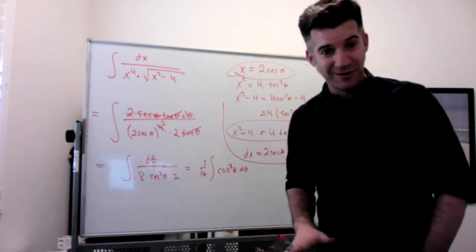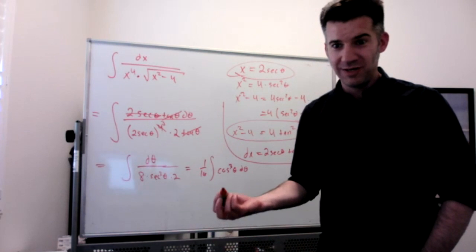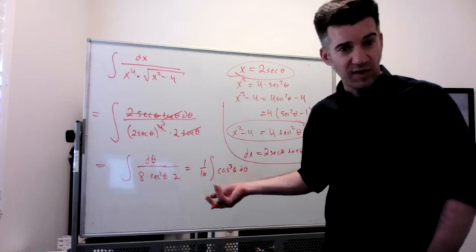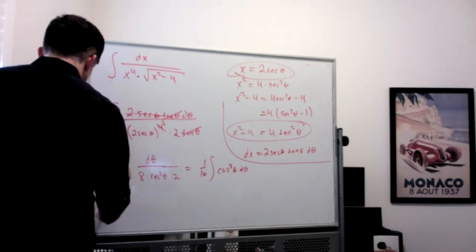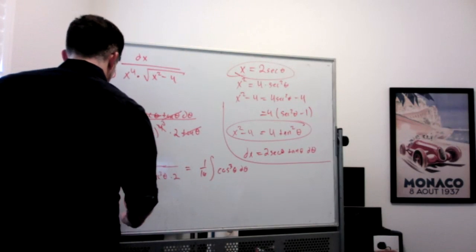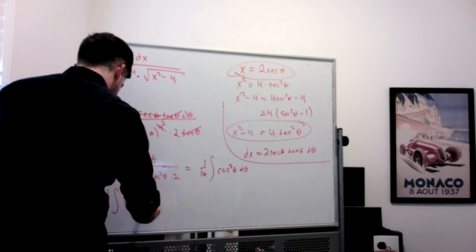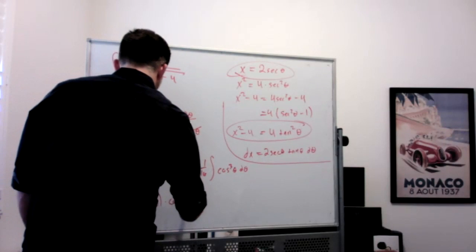And we know how to do the integral of cosine cubed. We're going to do a u substitution. We're going to let u equal, you guessed it, sine. If this seems funky to you, we're really going to think of this as 1 over 16 times the integral of cosine squared, which is 1 minus sine squared, times cosine theta.